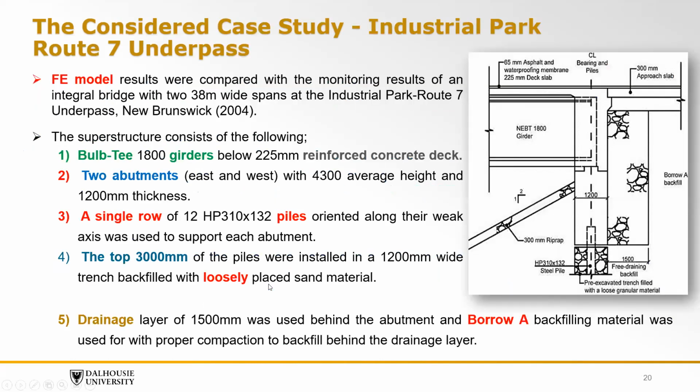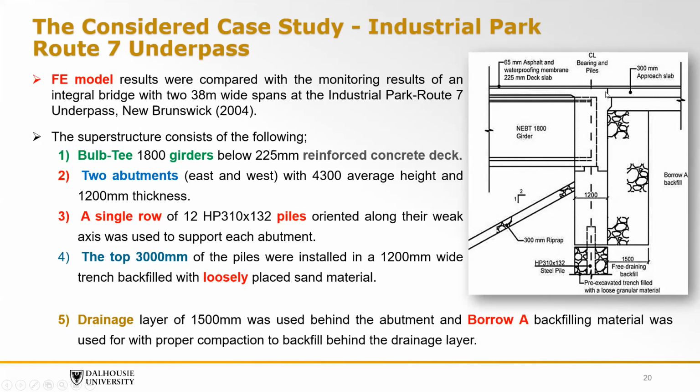So let's talk about the case study that we have in hand. This is our abutment here. On this abutment rests a girder, which is 1800 millimeters deep, so it's a large girder, that supports the bridge deck, which consists of a 225 millimeter deck slab overtopped by asphalt.